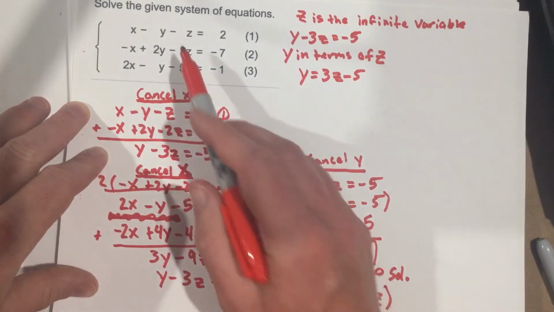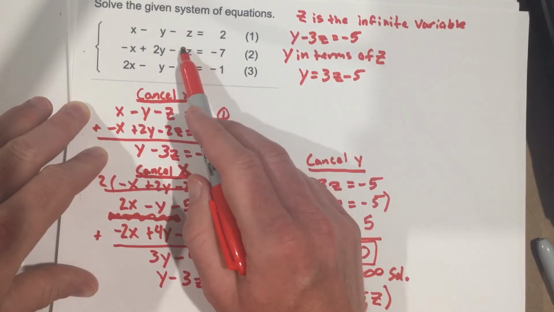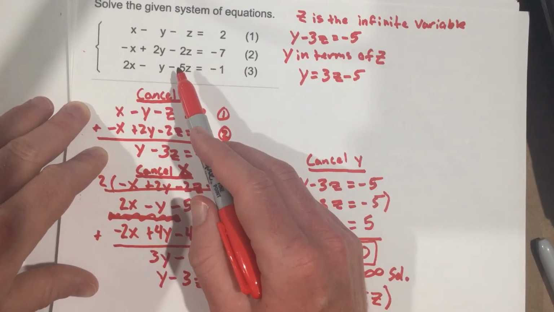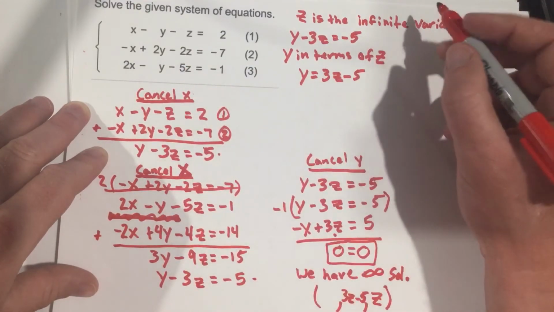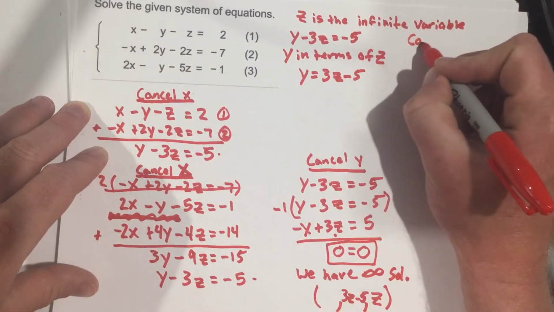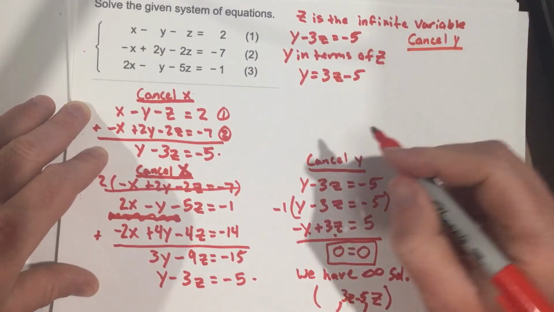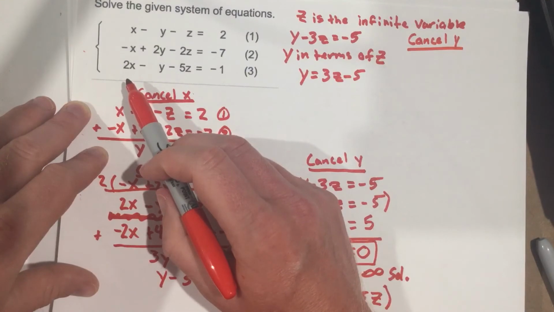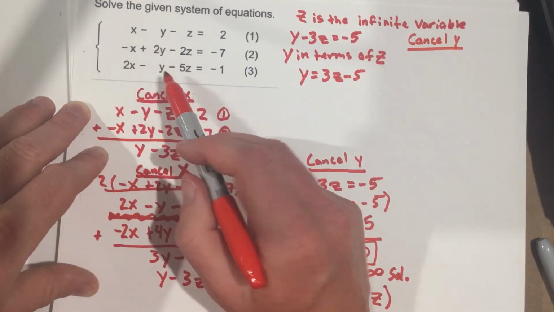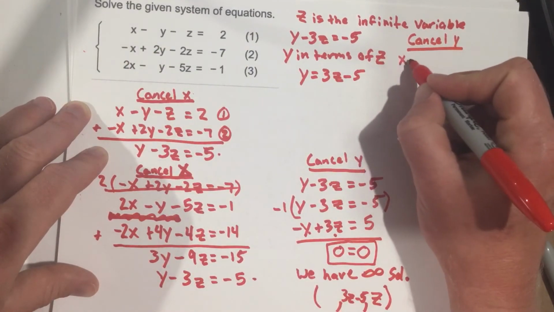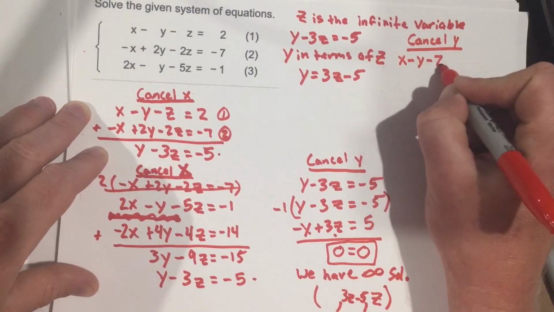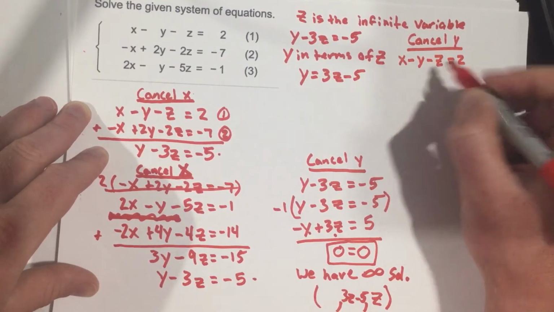So what I need to do is I need to take two equations. To get just z and x in it, I need to cancel y. So we're going to go up here and we're going to say cancel y. And we're going to pick two equations. I'm going to cancel equations 1 and 3. So x minus y minus z equals 2.